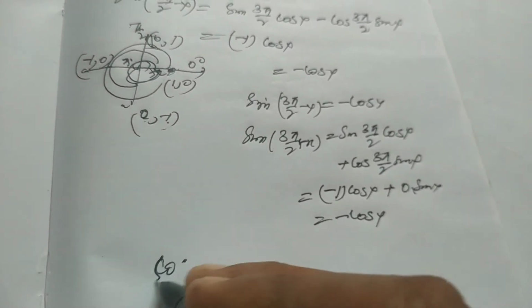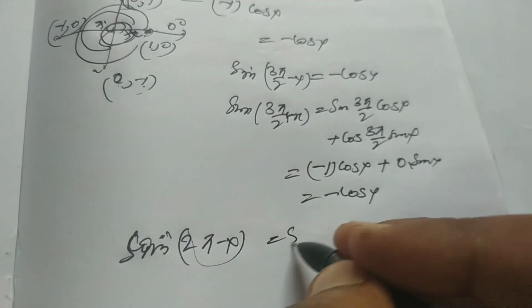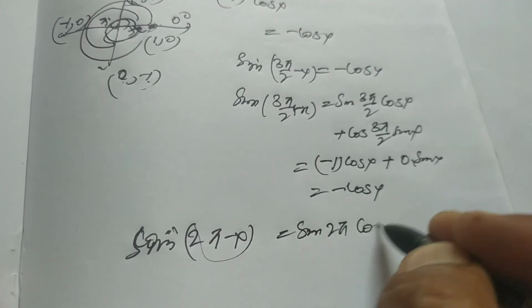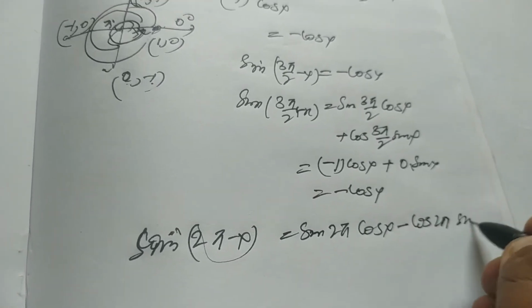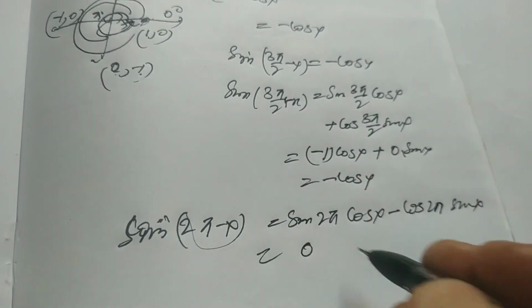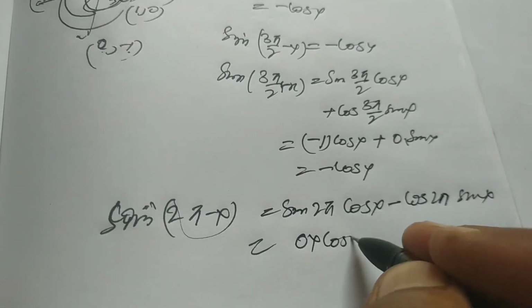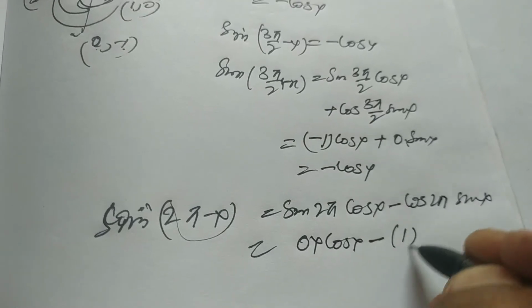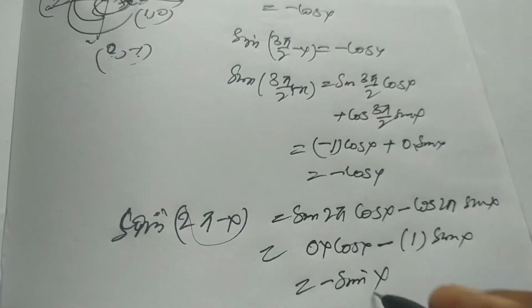Now sin(2pi - x) is equal to sin 2pi cos x minus cos 2pi sin x. Sin 2pi is 0, so 0 into cos x, minus cos 2pi, which is 1, into sin x. So this is equal to minus sin x.